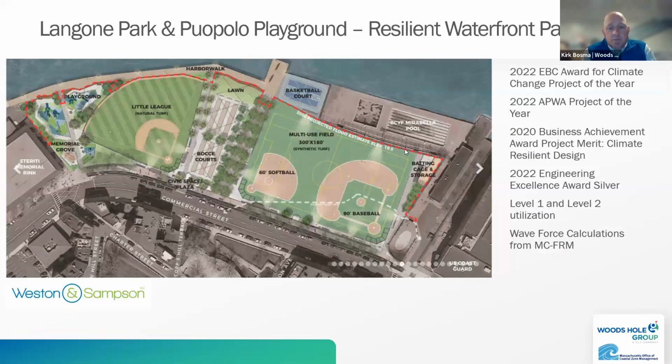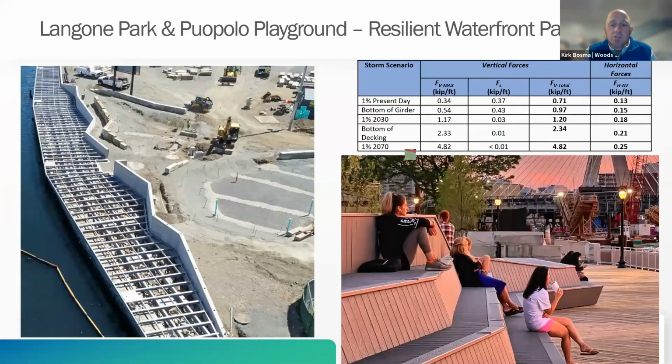Langone Park is another one. It's Weston and Sampson we work with. This is a resilient waterfront park, won a lot of awards. This has actually been built. It did use level 1 and level 2 MC-FRM data throughout. But the point I'm bringing up here is we did a bunch of wave force calculations from MC-FRM into the future to help them assess that decking and the girders they were putting out in front of the park for the actual resiliency elements of the system.